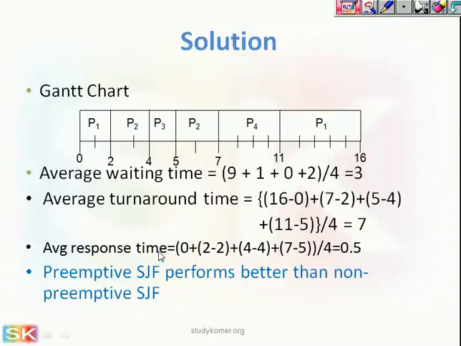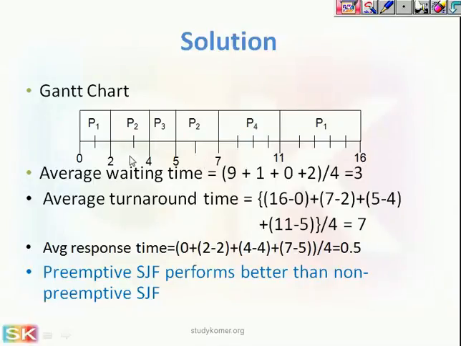Average response time: for process P1, the response time is, submitted at time 0 and first time it got the CPU at 0, right? So response time for P1 is 0, plus P2 was submitted at time 2 and it got the CPU at time 2. So again the response time of P2 is 0.